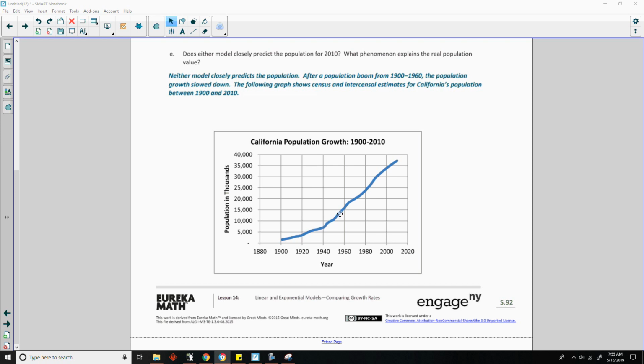So it started to take off exponentially, but then it slowed. Because if it was continuing exponential, it'd come up like this, and it would continue growing exponentially this way. But it slowed and turned out to be almost linear. So it started exponential and then turned almost into a linear function, if you will. So it slowed down.